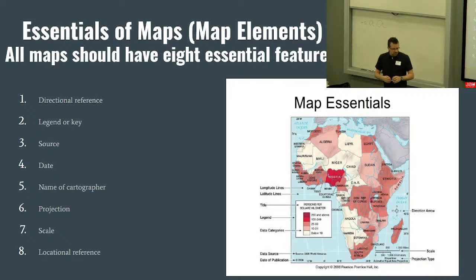I think we're going to come back to that one, but we're also going to talk about scale. And scale is really important. This is another one that we spend a good bit of time talking about. Scale is usually seen as a bar on the map. In this one, you see in the bottom right corner, you will see the scale.